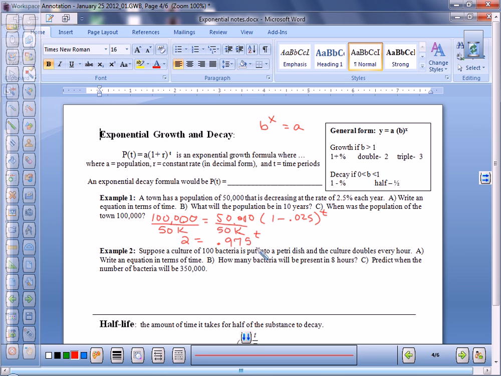Wait, how did you get 1 minus 0.025? So solve for time now. So to solve for time, we would do what we've been doing on every single other one. We take the log or the natural log of both sides. And when we do, the t comes out in front.